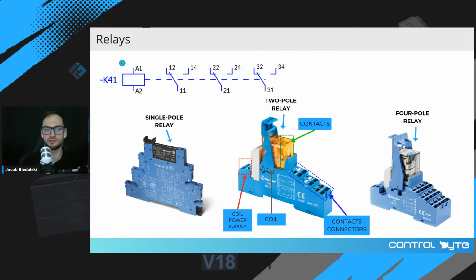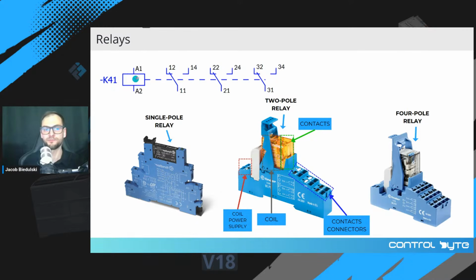A relay is a little bit smaller, narrower than the contactor, and it has 1, 2, 3 poles. Okay, the symbol of the relay is similar to a contactor. So we have a coil that we power to switch the contacts on and off, and we have the contacts.